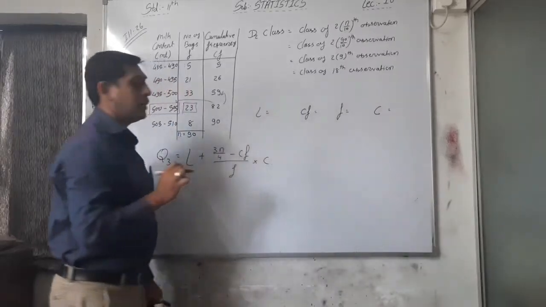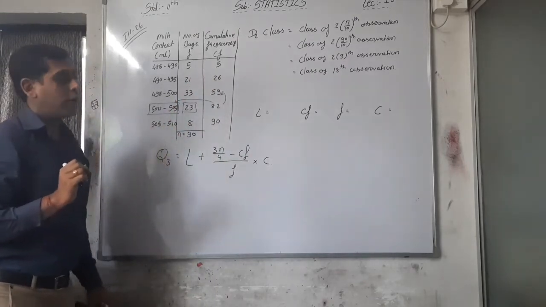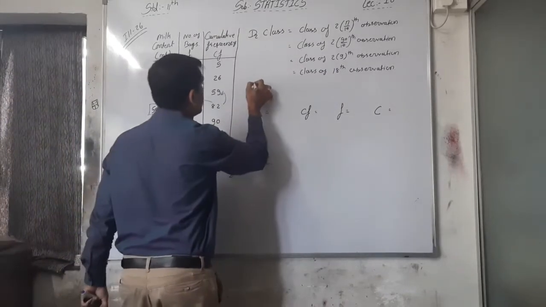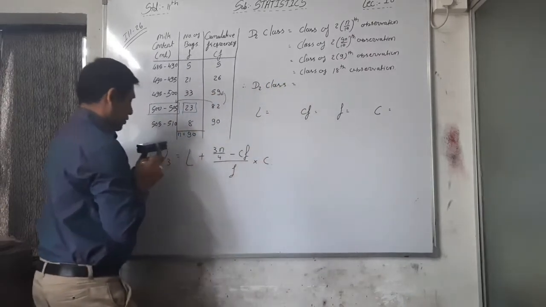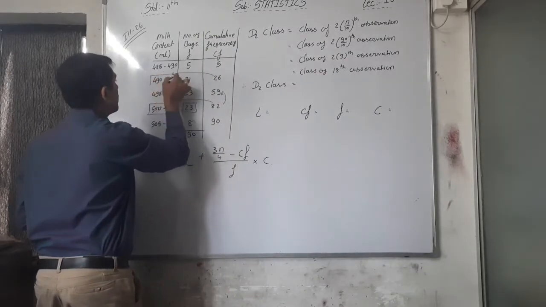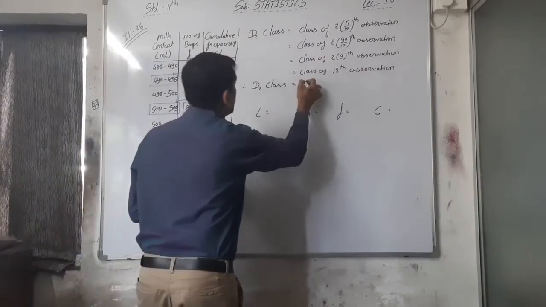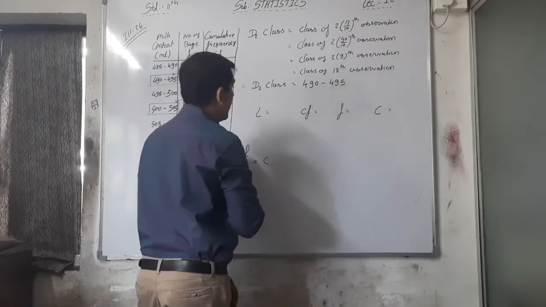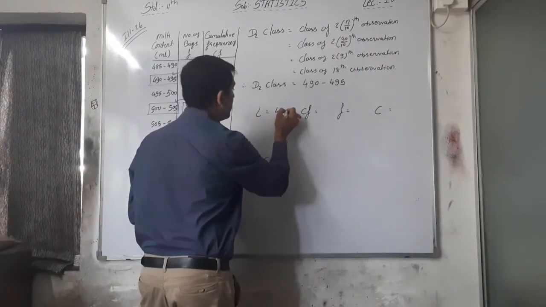See, the 18th observation lies between 6 and 26. So we can say the D2 class is 490 to 495. For that, what is L? L is equal to 490.